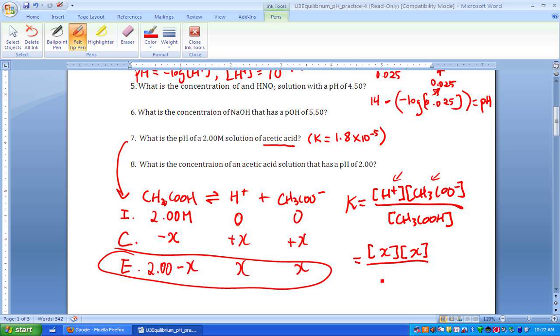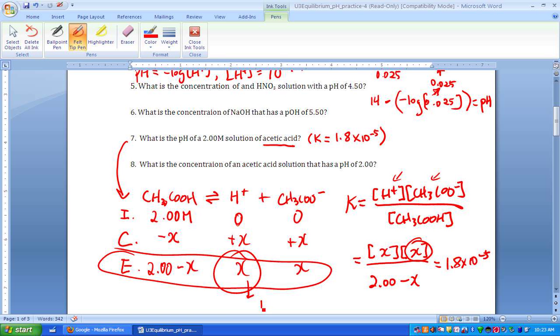At equilibrium, you have x for the H+ concentration, x for the acetate ion, and the acetic acid concentration is not 2 but 2.00 minus x. We already know that the K value is 1.8 times 10 to the negative 5th, and you can go ahead and solve for x.